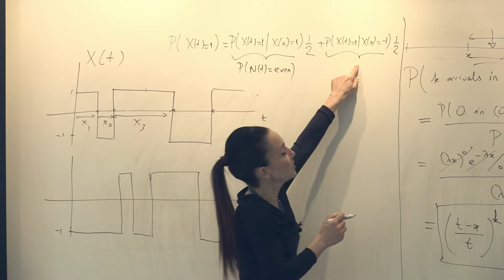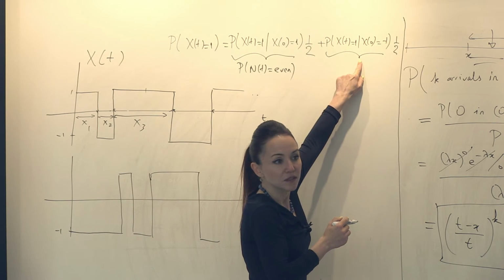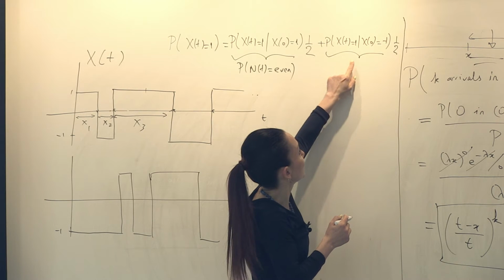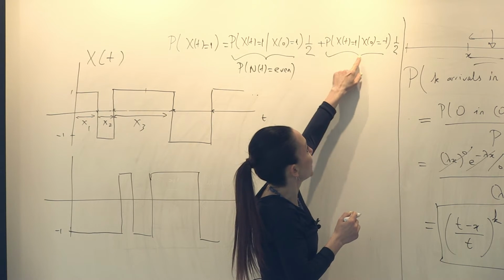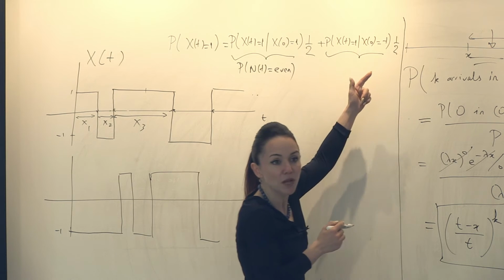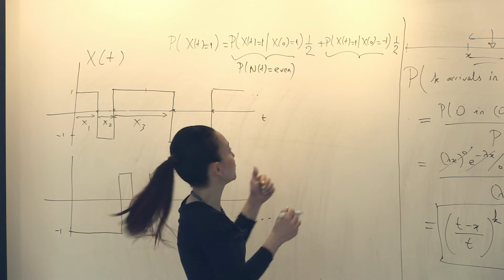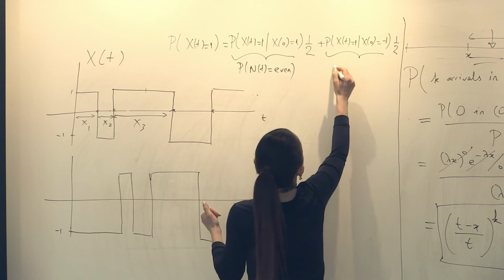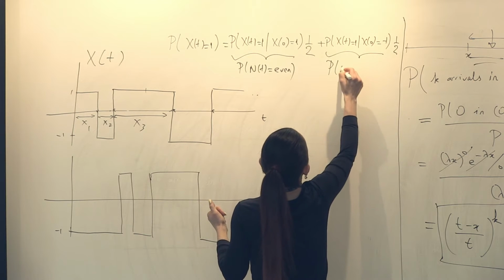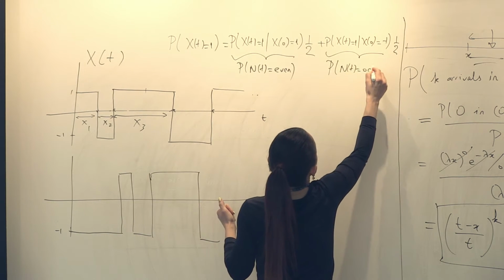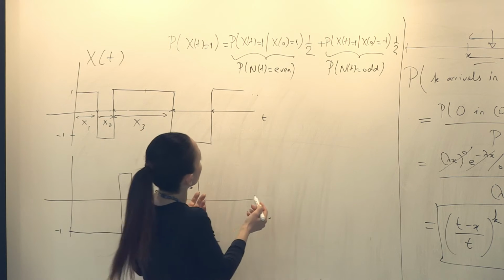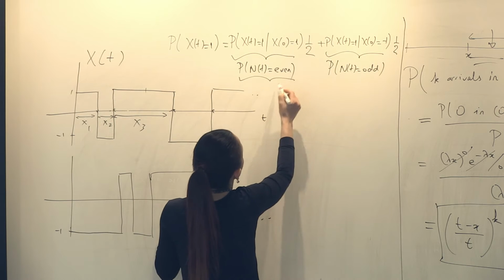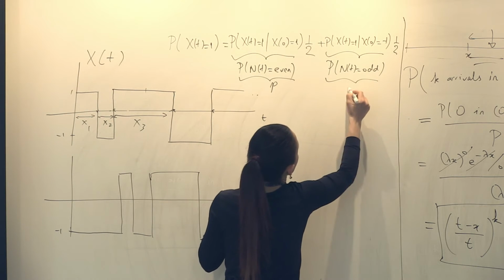Similarly, this is the event that x of t is 1 when x of 0 was minus 1. It will happen if there's an odd number of polarity changes. So this is the probability that n of t is odd, which is 1 minus the probability that n of t is even. So if the probability that n of t is even is p, this is 1 minus p.